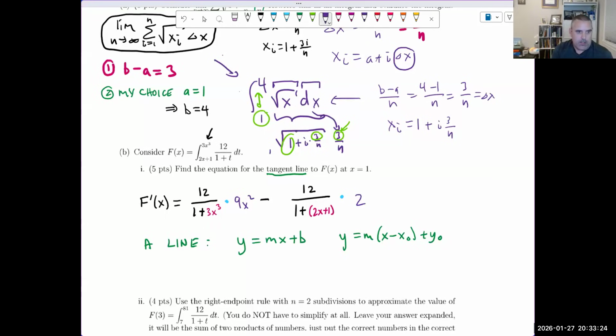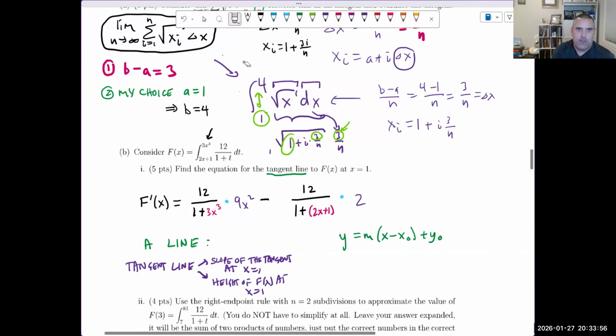Okay. A tangent line is a line that has the tangent slope and goes through a point. So I need to know the slope of the tangent at x equals 1, and I need to know the height of the function. And I now have access to those.